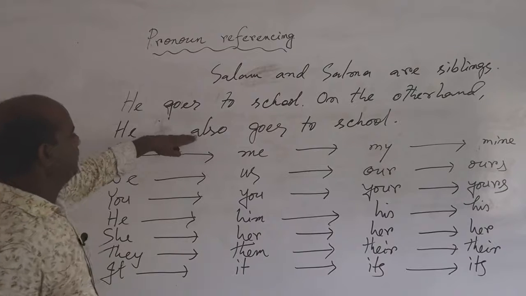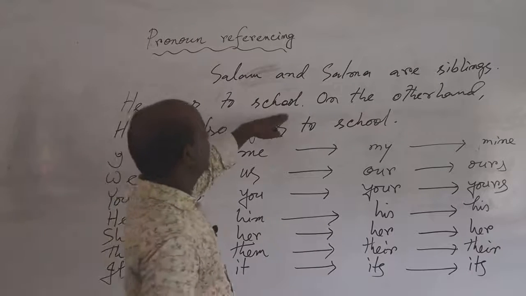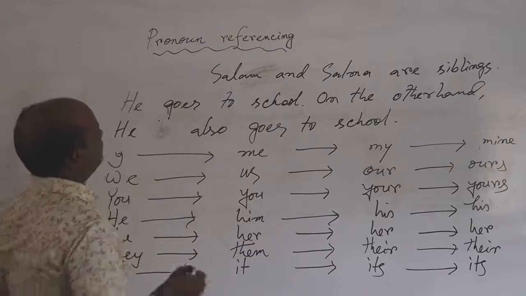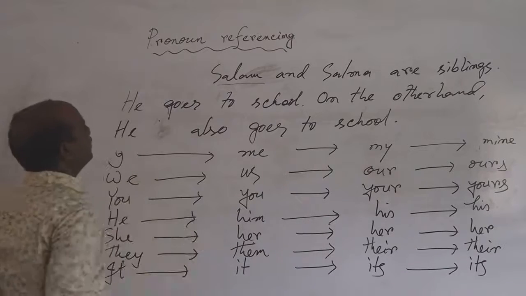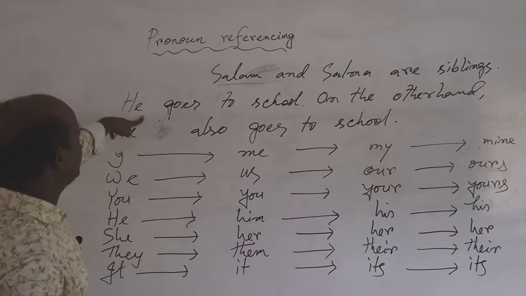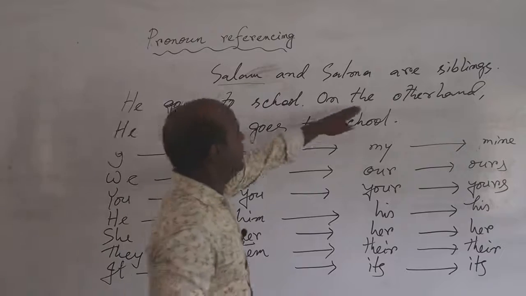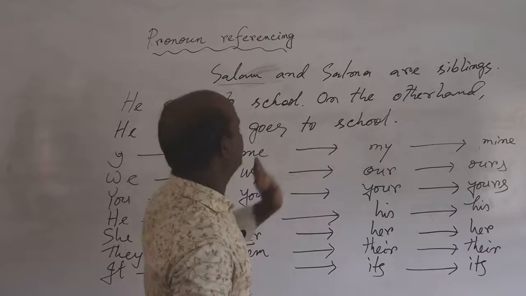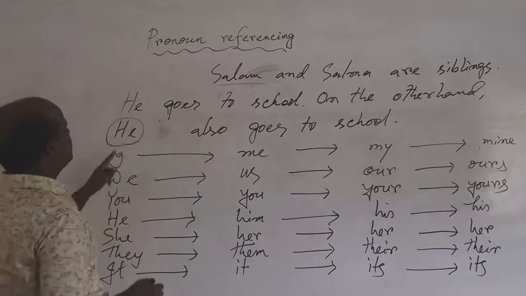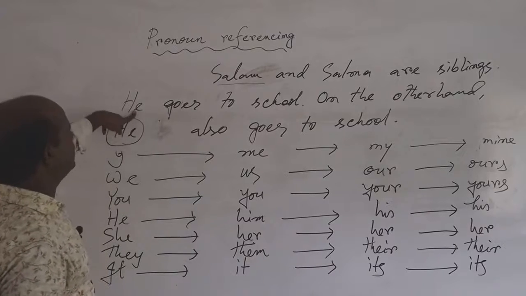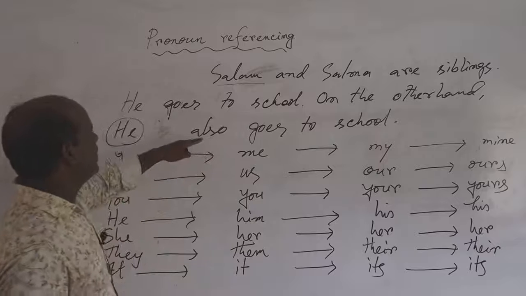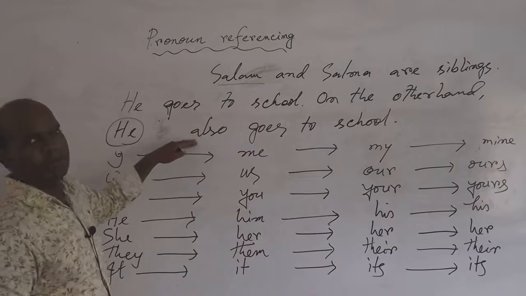Here is a problem. He goes to school. Here we understand that Salam is a boy, so you have to use he. On the other hand, he also goes to school. Here is a problem, because he was used for Salam, but you have to use Salma here, because of the word also.